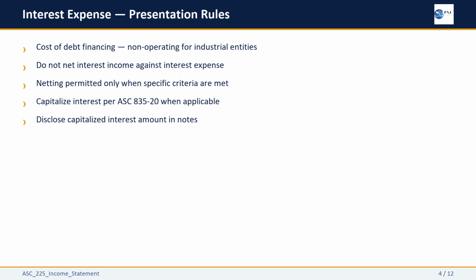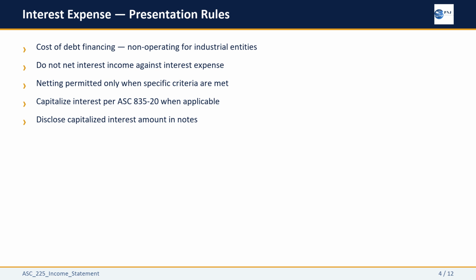Interest expense represents the cost of debt financing, and it carries specific presentation rules that trip up many preparers. First, do not net interest income against interest expense unless very specific netting criteria are satisfied. They are almost always presented separately. Second, if an entity capitalizes interest under ASC 835-20, typically for self-constructed assets, the capitalized amount must be disclosed in the notes.